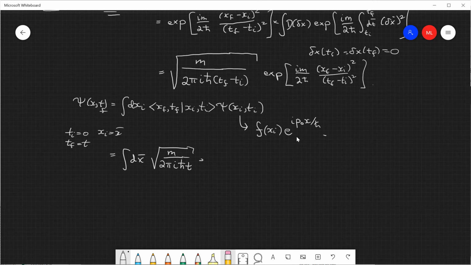So then we substitute stuff in, we get this guy, i m over 2 h bar. Now it's going to be x, and let's say the final x is just at some x. So it's x minus x bar squared divided by t.